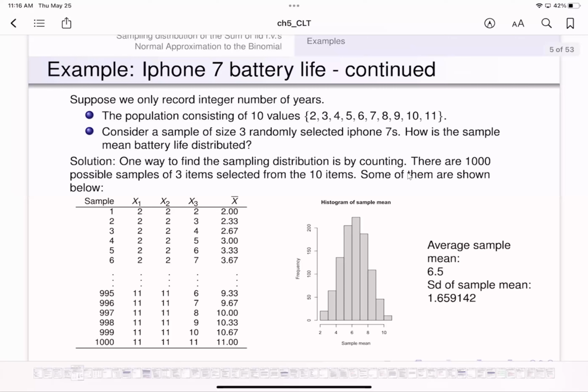In this example, we started with 10 values, and after taking the average, they are still within a similar range, but the distribution becomes bell-shaped instead of just taking those 10 integer numbers. This histogram has a mean of 6.5 and a standard deviation of 1.659.